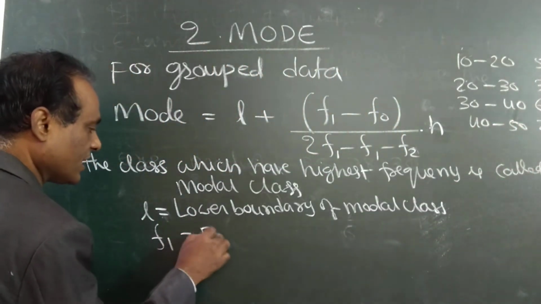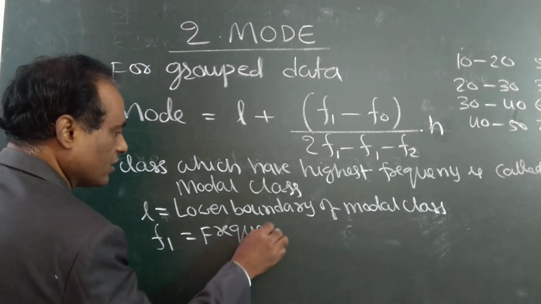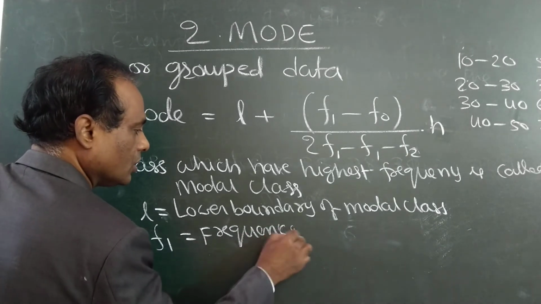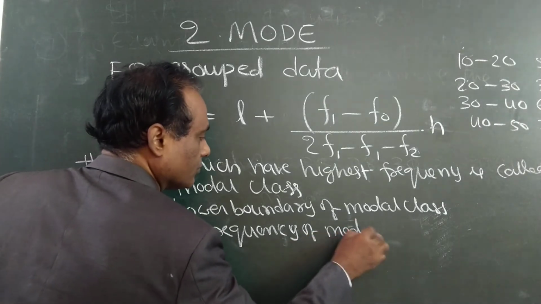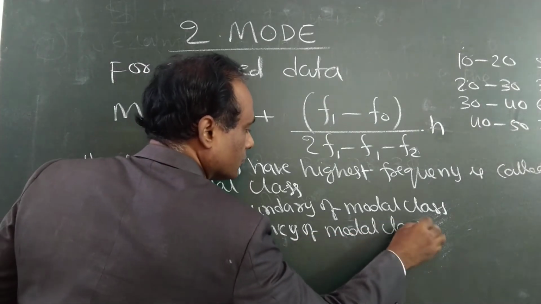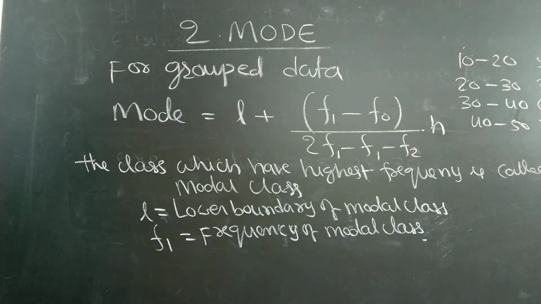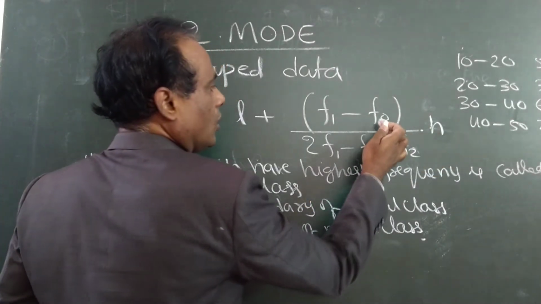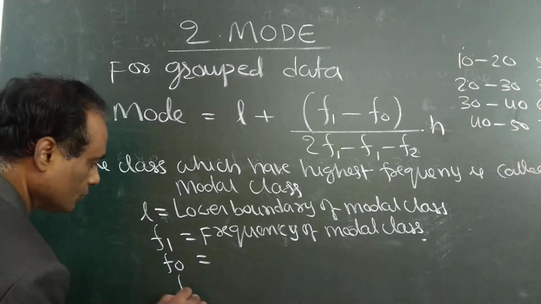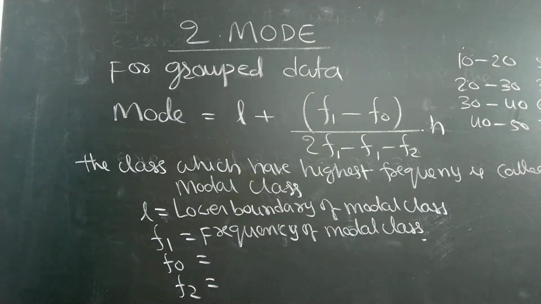Write down F1 is equal to the frequency of the modal class. F0 next, and F2. Write down.